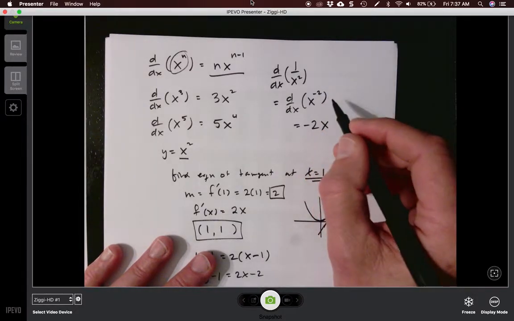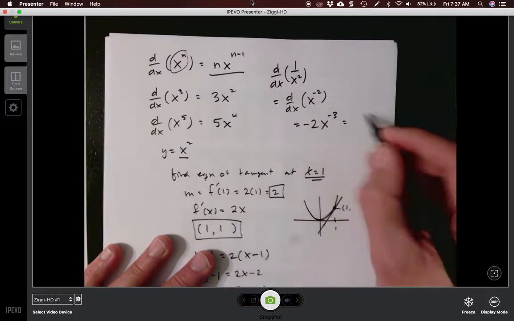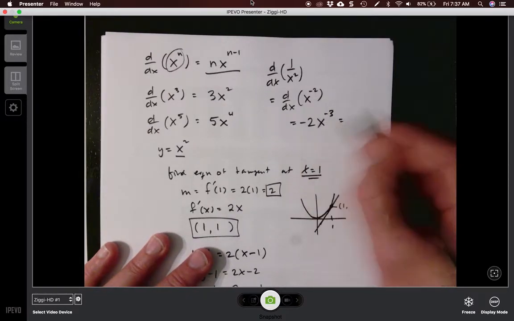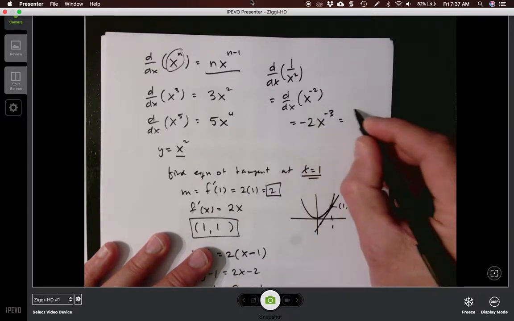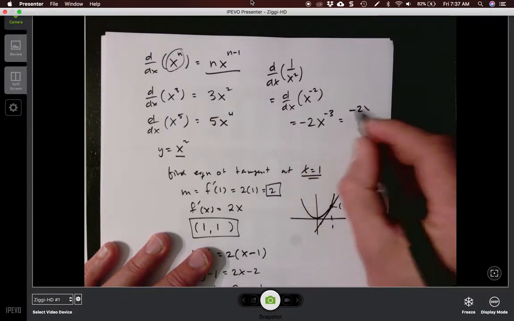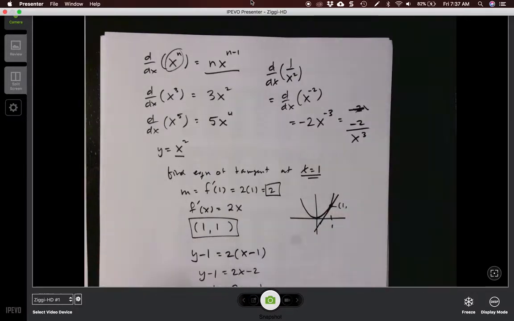So if you take negative 2 and subtract 1, you're going to get negative 3. The derivative here you could rewrite. It's okay with me if you leave it like this, but I think the back of the book is typically going to rewrite this as negative 2 divided by x to the 3rd power.